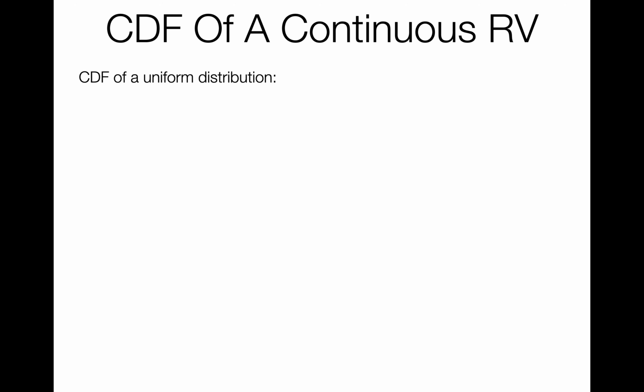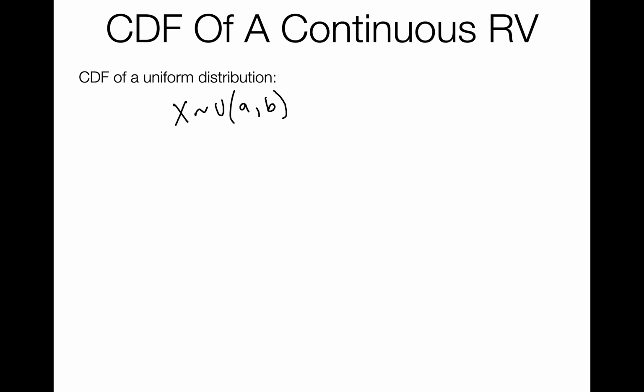And so let's get practice calculating the CDF of a uniform distribution. We defined a uniform distribution earlier on in our slides, and I'll do it again here. If we let x have a uniform distribution, which I'll call u, it is defined by its lower and upper bounds, which I'm going to call a and b.